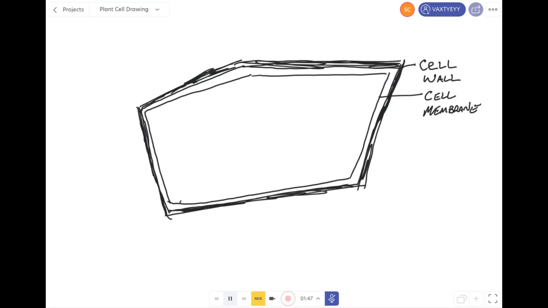Inside the cell, we're going to find similar things as the animal cell. Nucleus, nucleolus, chromatin.